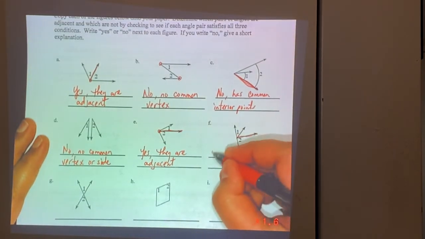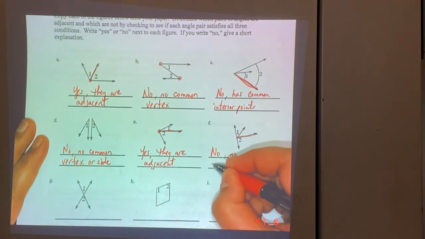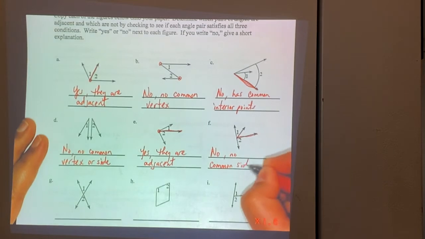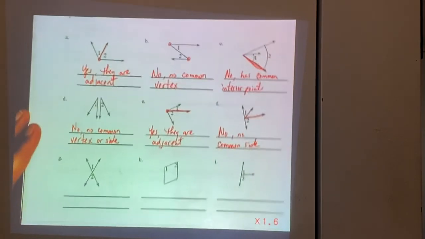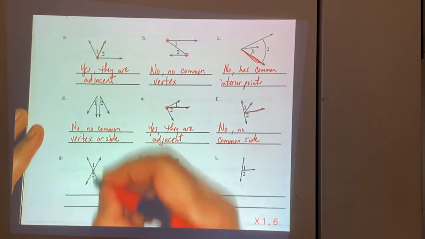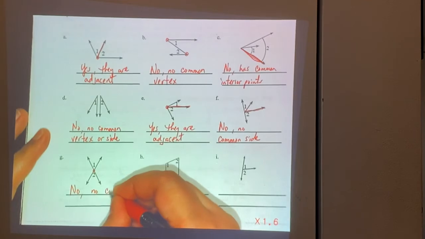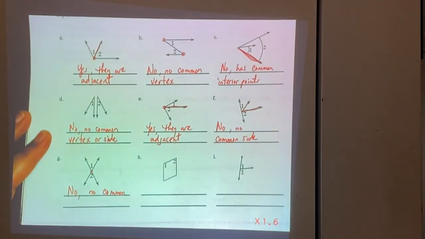So no. No common side. They have the same vertex, but they don't have a common side. No common side.